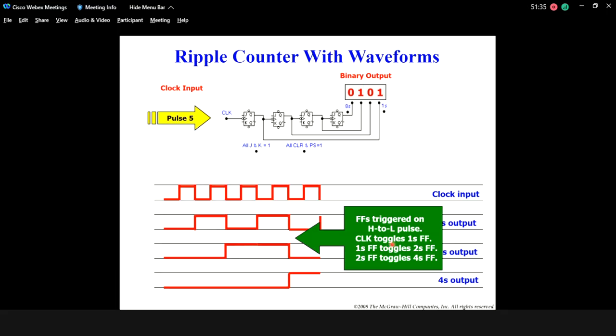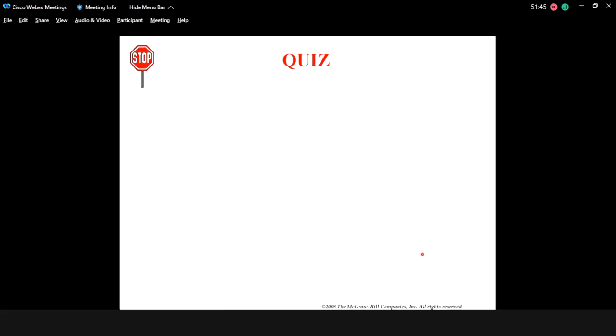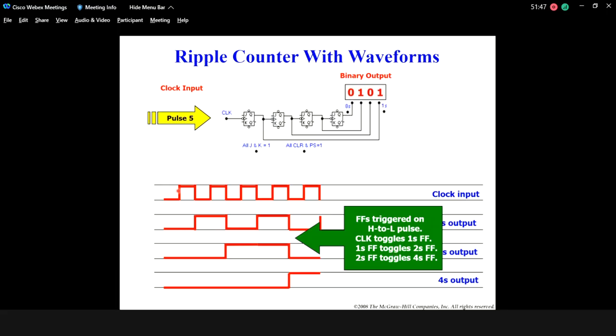So the clock toggles the first flip-flop. The first flip-flop toggles the second, the second toggles the third. If you can see here, the frequency of the first, second, and third flip-flop will always be lower than the clock.